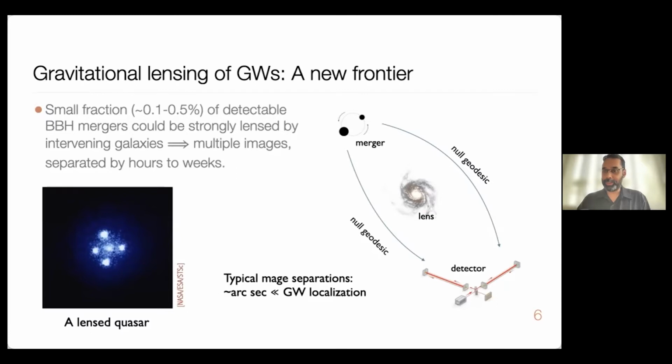So in some sense it is complementary to the gravitational strong lensing of light. While gravitational wave strong lensing cannot measure the image separation very accurately, what we can measure is the time delay between multiple copies of the signals arriving at the detector. This enables some very interesting complementary measurements that I will briefly mention as we proceed.